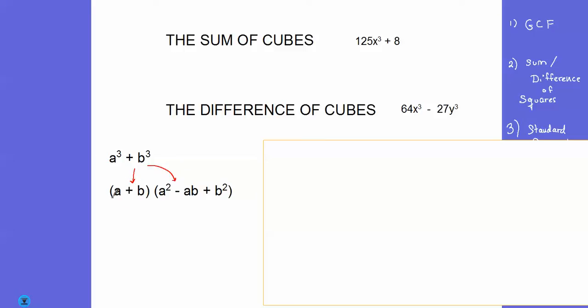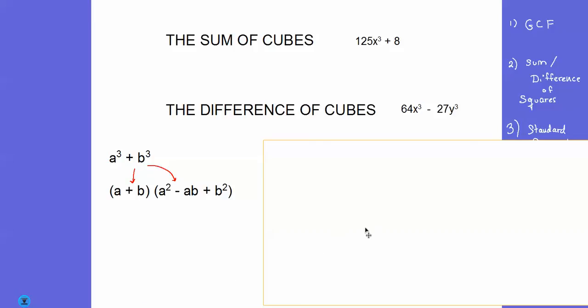It will separate into a plus b as a first binomial. The second trinomial would look like a squared minus a times b plus b squared. So it would be important to know what the a value and the b value are.